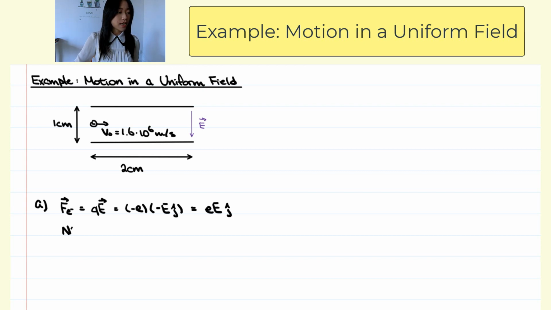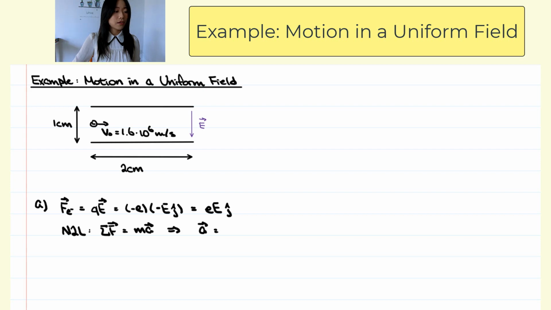And from Newton's second law, since we are ignoring the gravity force, the only force acting on the electron is the electric force. So net force equals mass times acceleration. We isolate for the acceleration. We get net force divided by the mass.